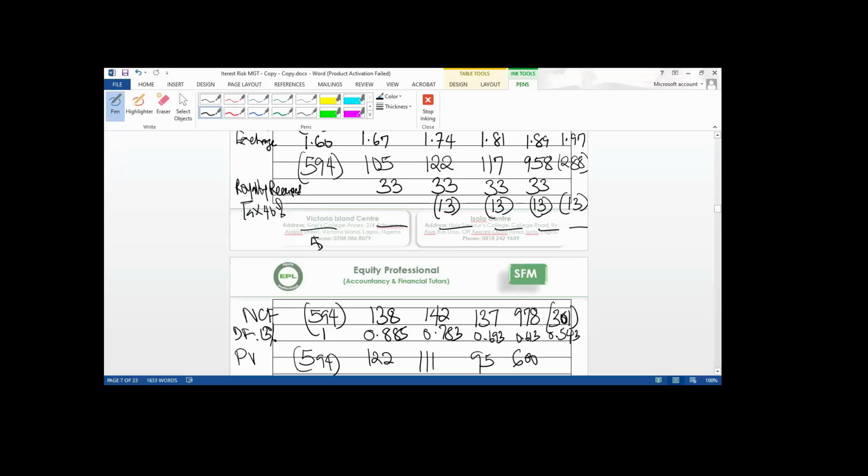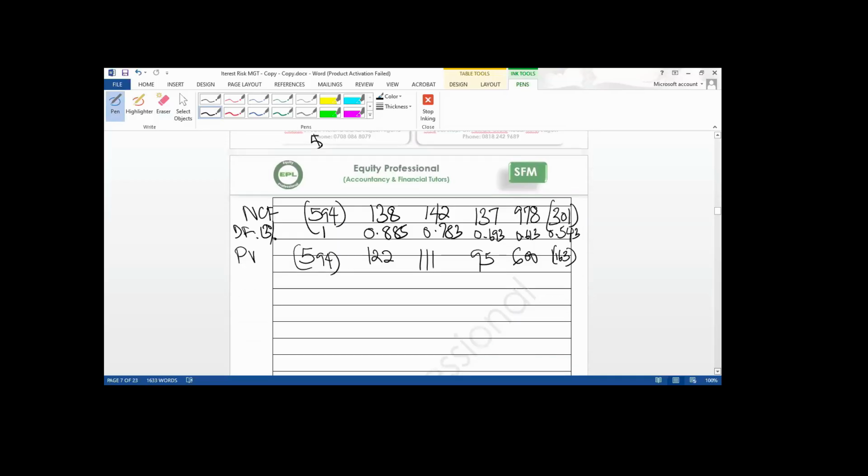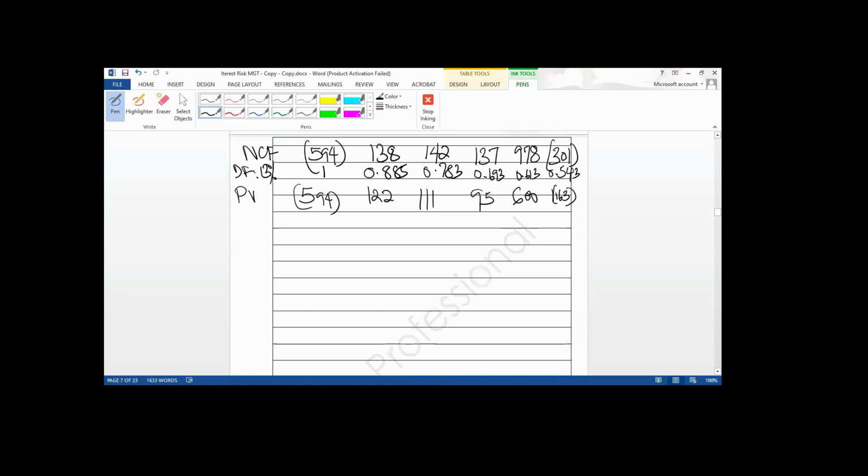Is that 361? No, 301. 163 negative. Do your plus minus. 171. What's the NPV? 171 million.